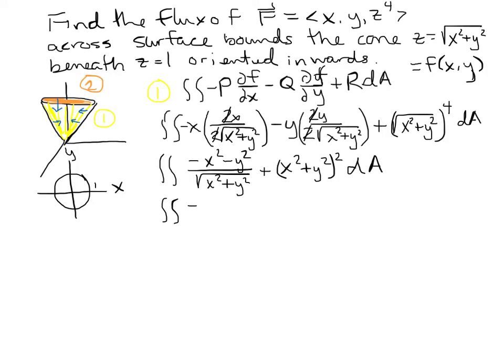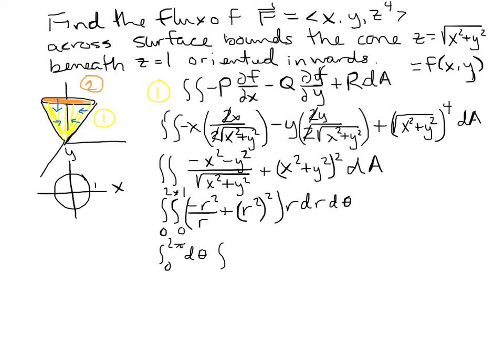So on the top here, I'll have negative r squared. I'll have the square root of r squared, which is r, plus r squared, squared, and all of that I'll have to multiply by r dr d theta. r is going to go from 0 to 1, theta from 0 to 2 pi. Okay, so this would be the same as the integral from 0 to 2 pi d theta. I can separate these.